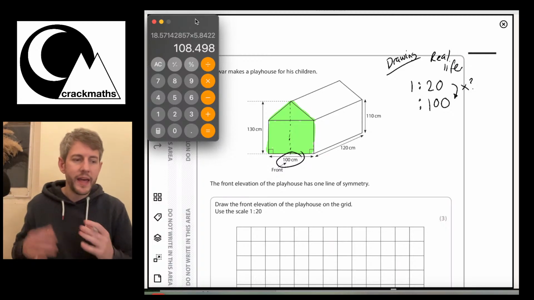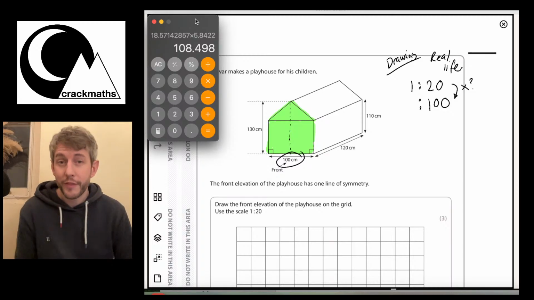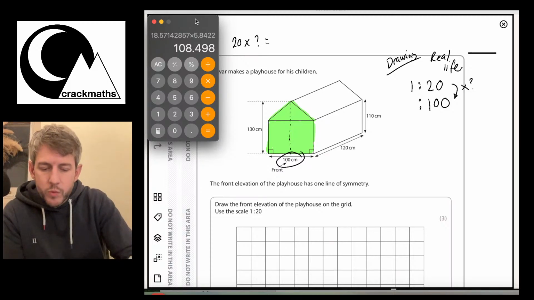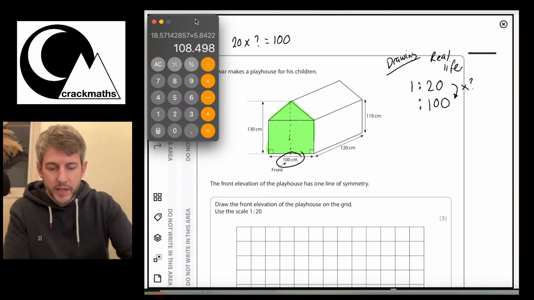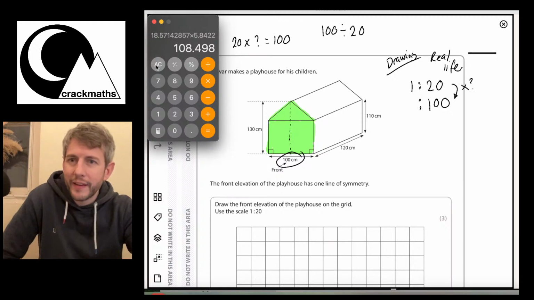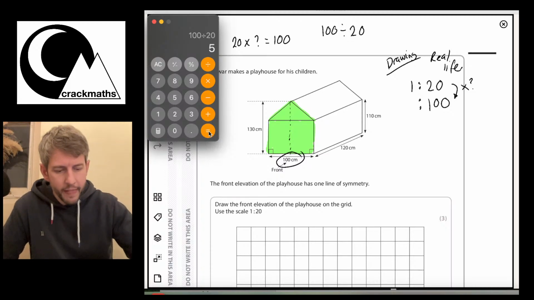In maths in general, we have a thing called a reverse calculation. If I know that 20 times something equals 100, I can find out what that something is by doing 100 divided by 20. Let me have a go on the calculator. 100 divided by 20 equals 5.